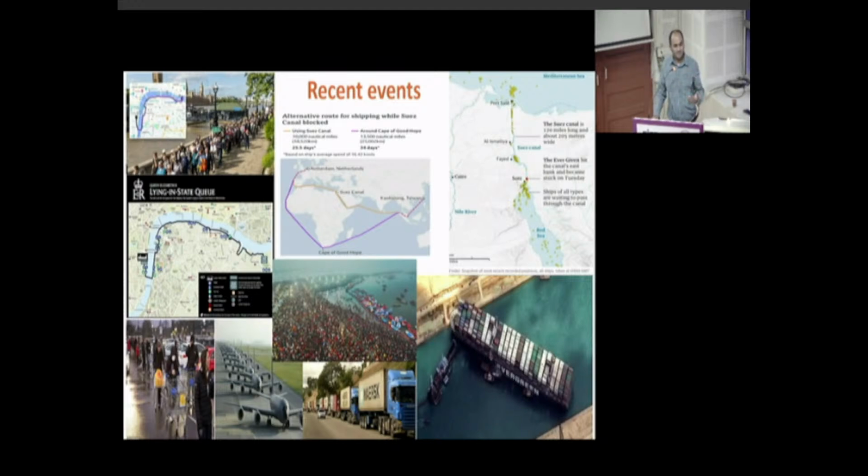When this kind of unexpected event happens, you need to find alternatives, how to find the shortest route from the point where it happened, how you can avoid social losses, loss of lives, and how you can properly manage things. So there are so many applications of artificial intelligence to manage this kind of situation.